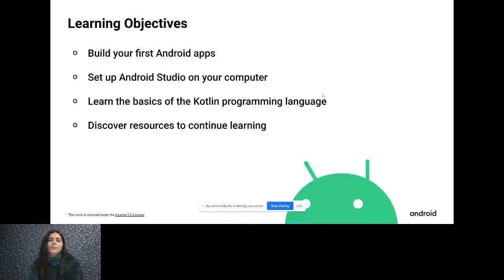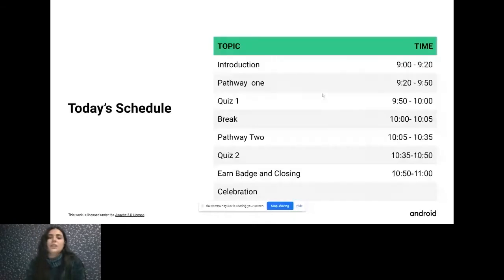I would like you guys to know about today's schedule. We're doing a little bit of introduction and presentation, which we're doing right now. Then we're gonna dive into the content, which is the pathways, and after each pathway, we're gonna have quizzes. If you don't know what a pathway is, don't worry, I'm gonna get to the instructions of this study jam later.